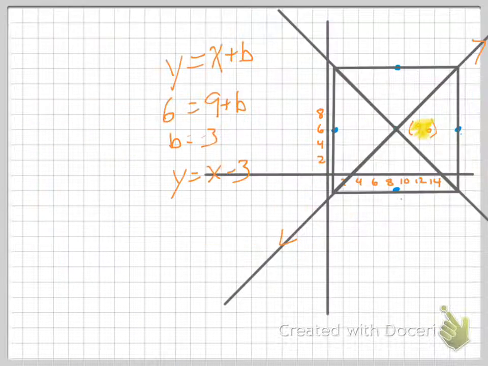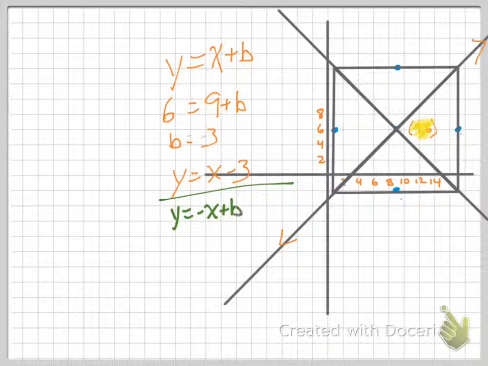Right, to find our other one, our slope is going to be the opposite of that one. Okay, so it's going to be y equals negative x plus b. And again, that line contains the same point as the other one, 9, 6. They both intersect at that center point. Alright, so plug that in. We have 6 equals opposite of 9 plus b.